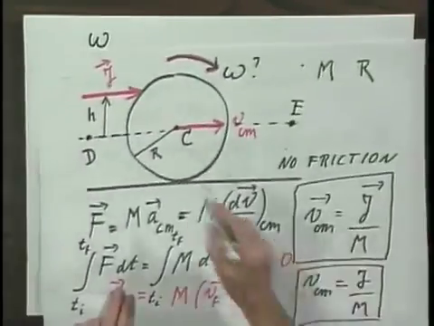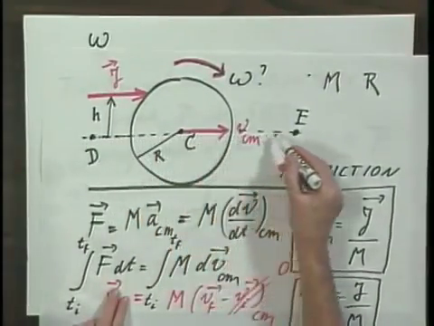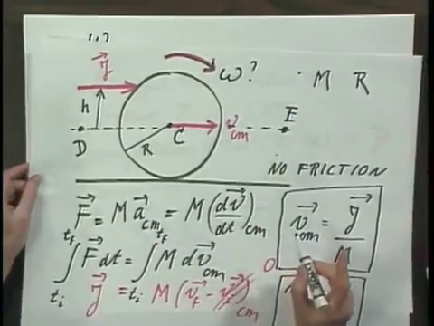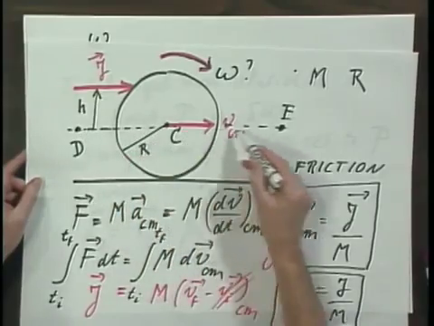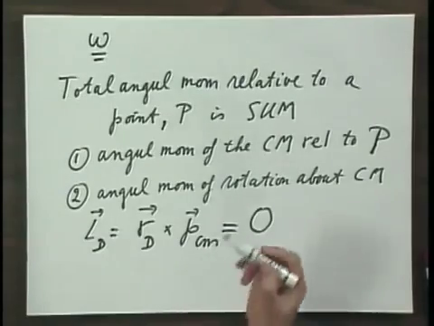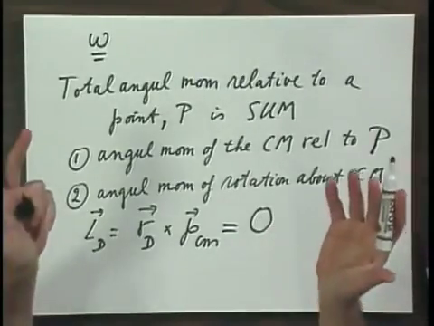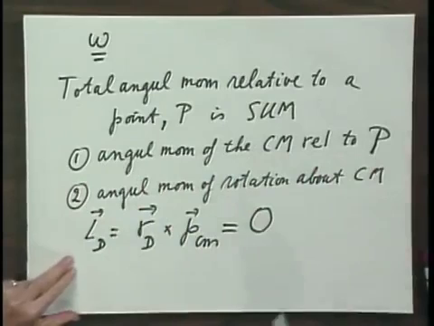If I choose any point on this line, the angular momentum of the center of mass relative to any point on this line is 0. So that's why it may be beneficial to choose such a point, because that contribution 1 will then completely disappear. And I think it would probably be the fastest way to solve this problem. But you don't have to choose a point on the line DCE. You don't have to.